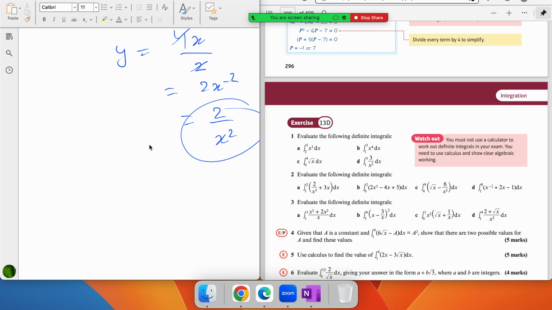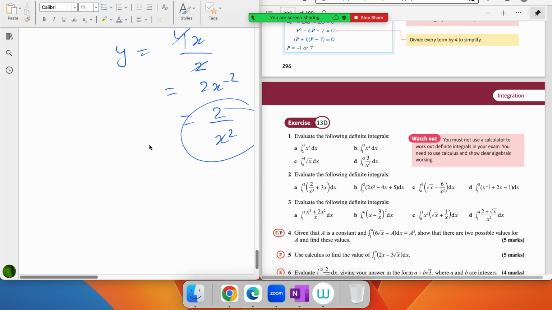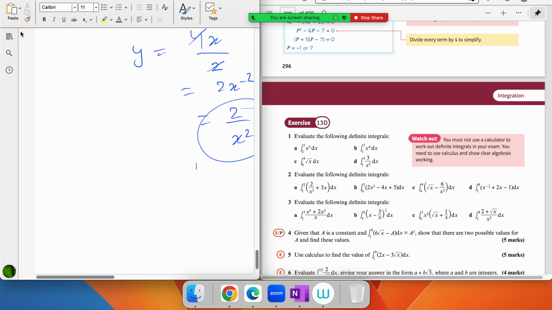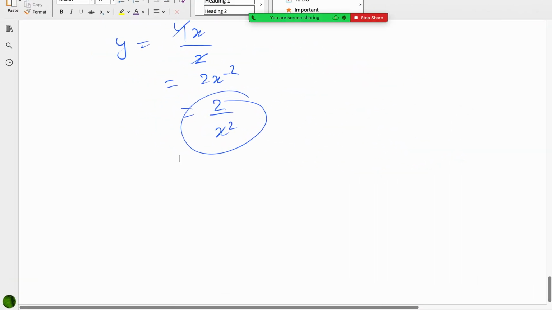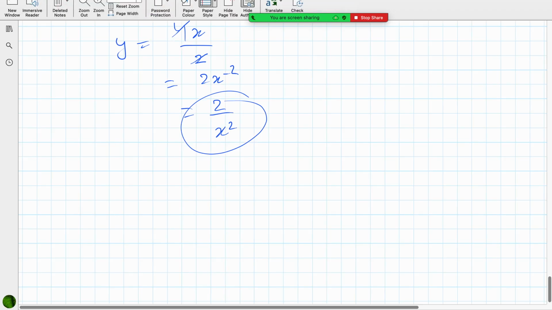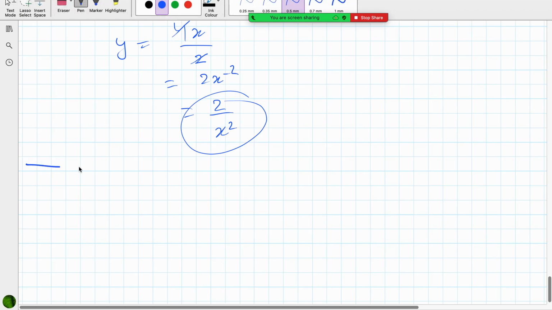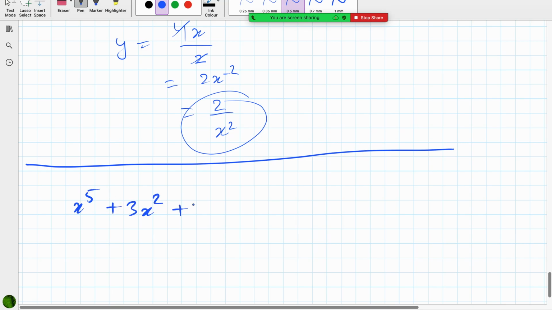Okay, let's have a quick revision. Integration is the reverse process of differentiation. If we had something, for example, x power 5 plus 3x square plus 7, what do we used to do for differentiation?